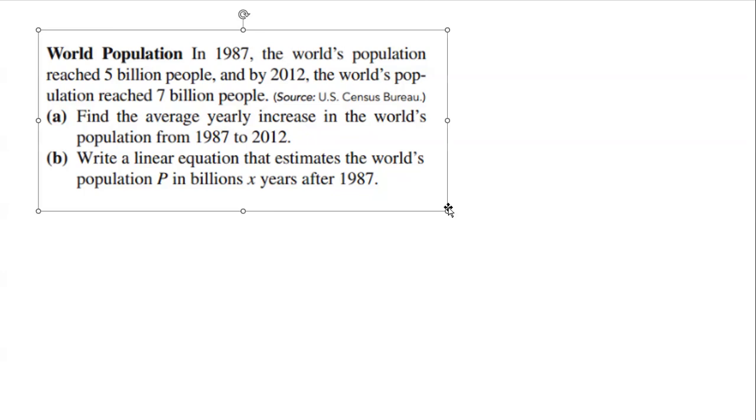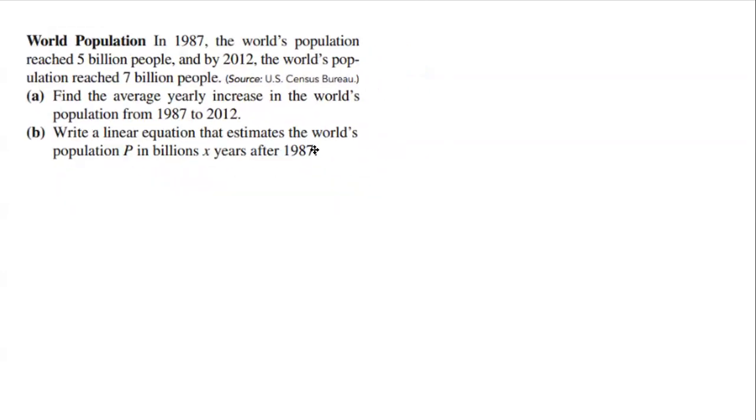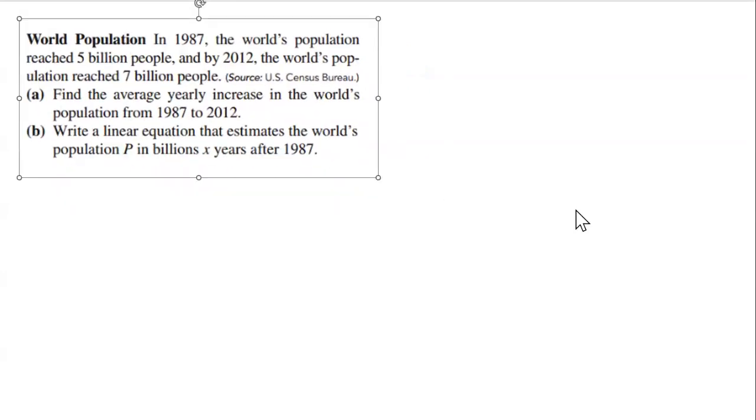It says here that the world population in 1987 reached 5 billion people, and by 2012, the world population reached 7 billion people. I think right now it's 8 or 9 billion, something like that. Find the average yearly increase in the world's population from 1987 to 2012.